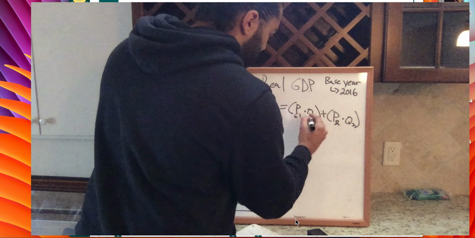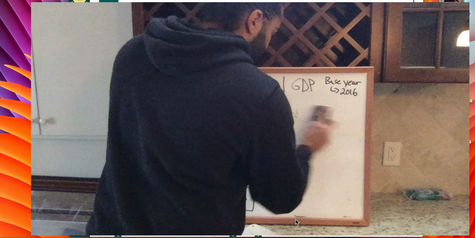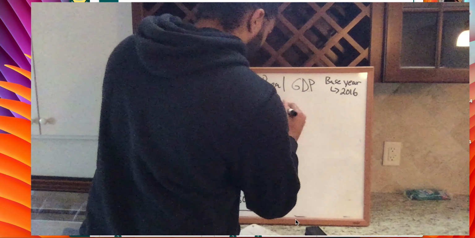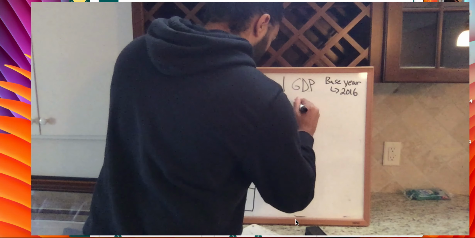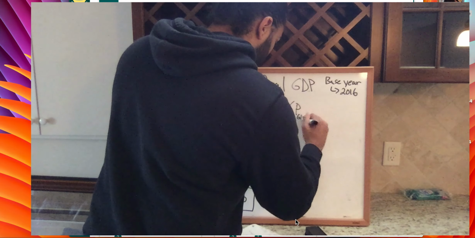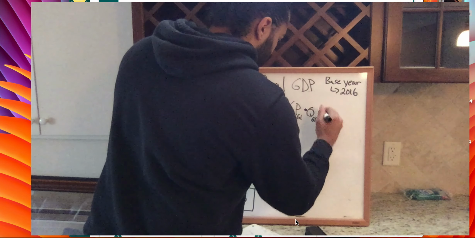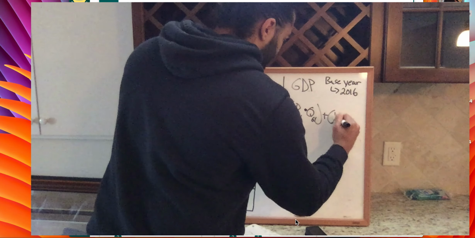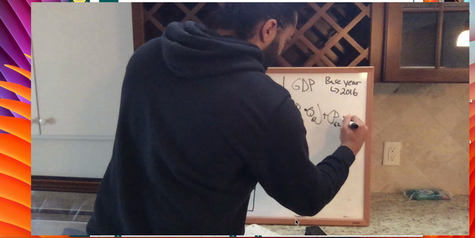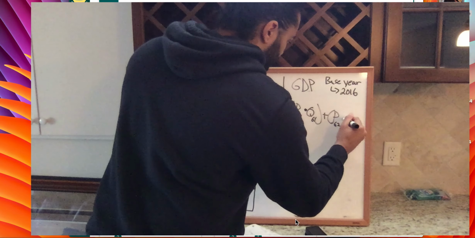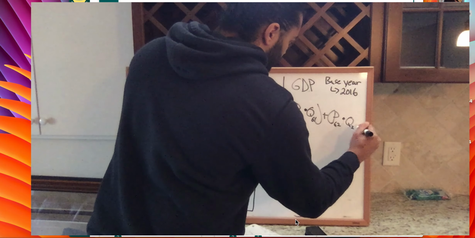So I'll just redo it. Price of good 1 multiplied by the quantity of good 1 plus price of good 2 multiplied by the quantity of good 2.